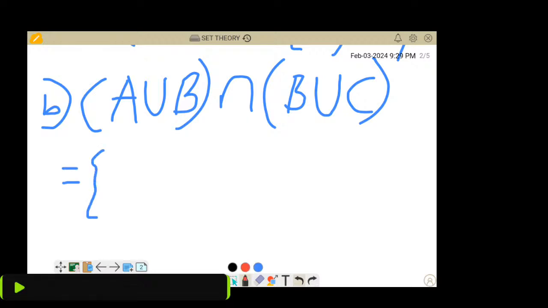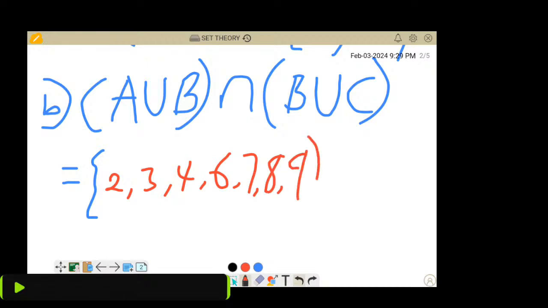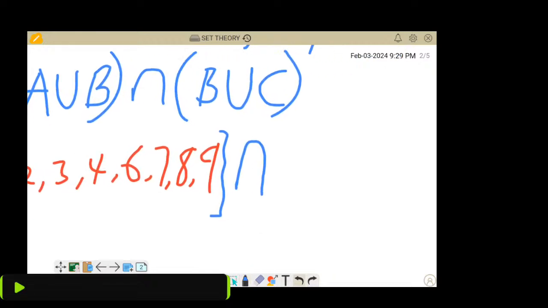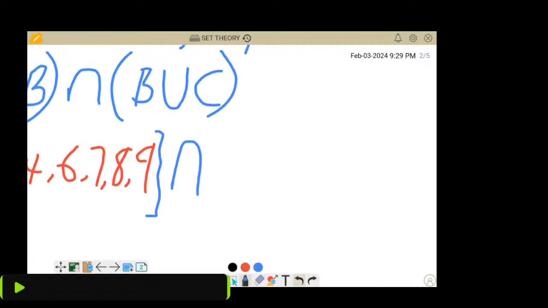A union B is a set of 2, 3, 4, 6, 7, 8, 9. And this one, you're finding the intersection of this and B union C. So what is the set of B union C?